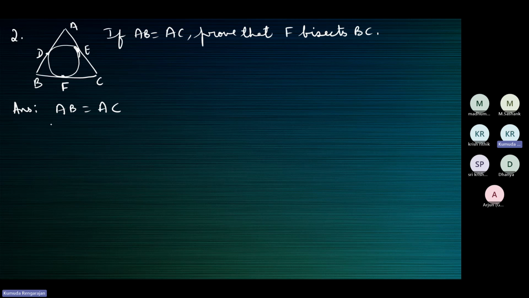Now AB can be written as, children, AB can be written as? AC, ma'am. No, you'll have to write something for AB and something for AC. AD plus BD, correct.